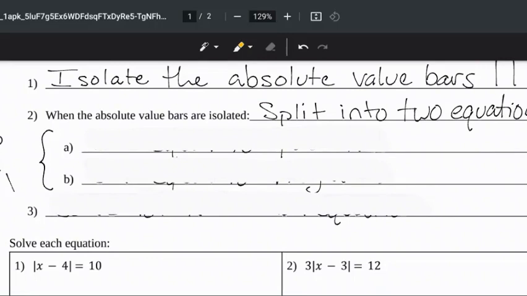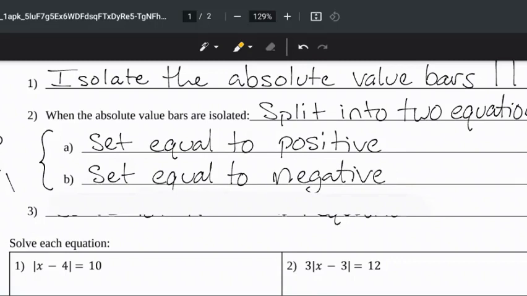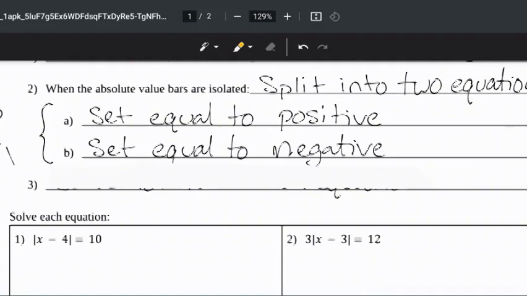In the first equation we're going to create, whatever's inside the absolute value bars, we're going to set it equal to the positive version of what's on the opposite side of the equal sign. And the second situation is we are going to set that information equal to a negative version of what's on the opposite side of the equal sign.